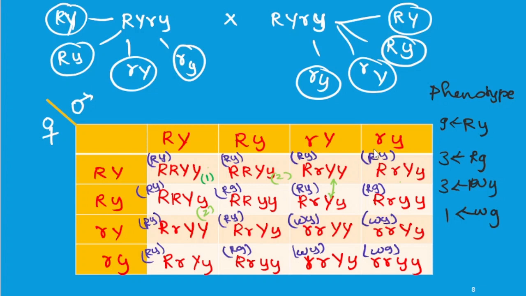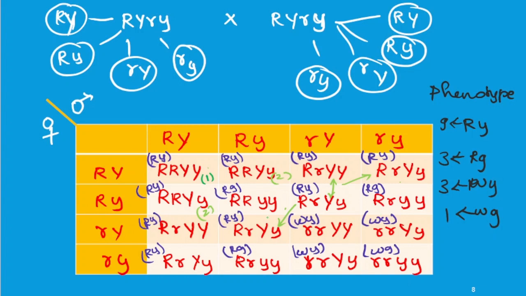This one also shows the same similarity. Then these two show the same similarity. Then small y. Like this they are showing some similarity.